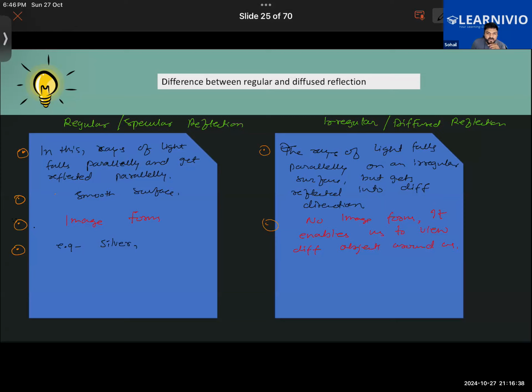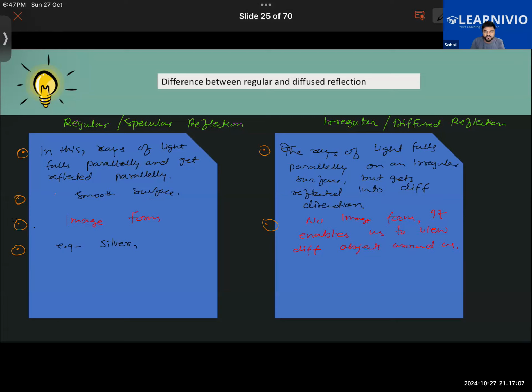You're talking about specular or diffuse? Specular. Specular, how can it be from a rough surface? No, sir. It has to be a smooth surface. Okay, you give examples of surfaces that will allow specular reflection. Gauri, give examples of objects in which regular or specular reflection will take place.